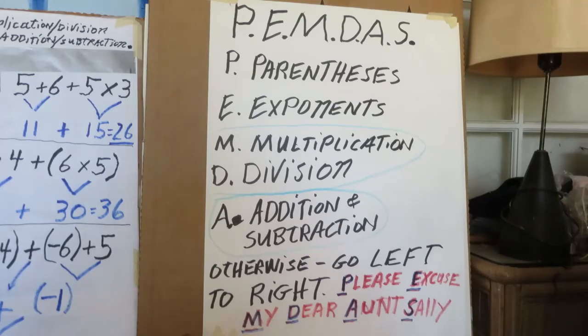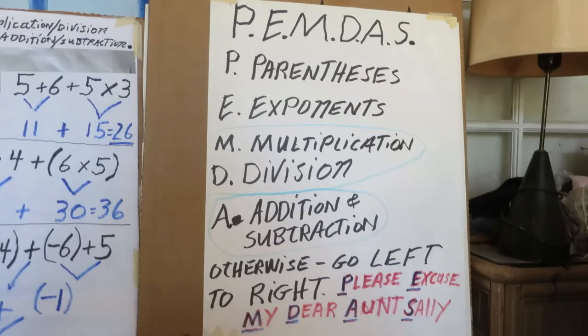I'm not sure it's necessary. It's "Please excuse my dear Aunt Sally." It's a mnemonic device that's supposed to help you remember the order of operations, which is parentheses, exponents, multiplication, division, addition, subtraction.